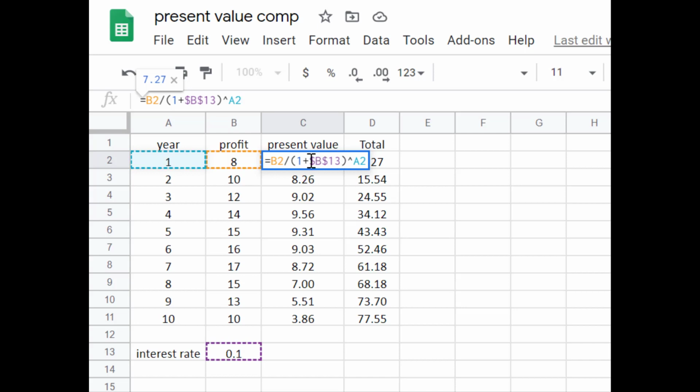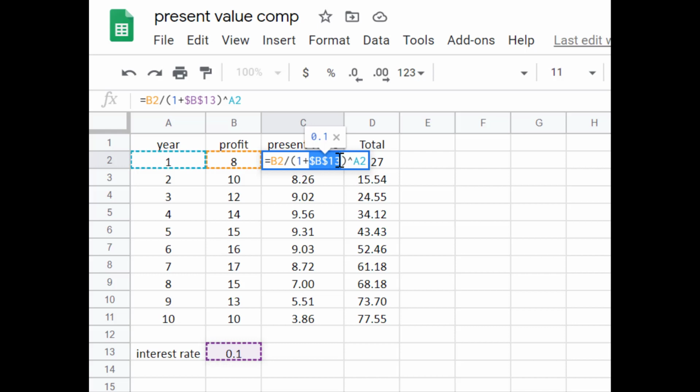If you look at this expression, it says $B$13. The $B indicates we are fixing the column at B, and the $13 means we are fixing the row, which is row 13. As you include the dollar sign in front of the column name and row number, the 0.1 that you use repeatedly won't change along the data points you generate.